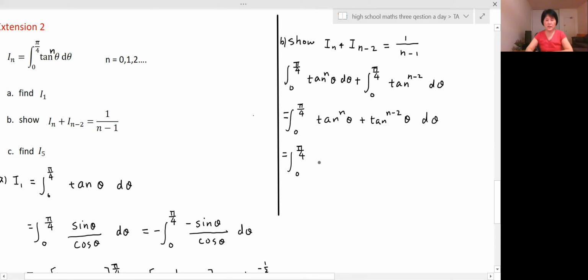I can move the tangent to the power n minus 2 of theta outside. Then tangent squared theta is still here, and this one I move outside with tangent squared theta plus 1 d theta.